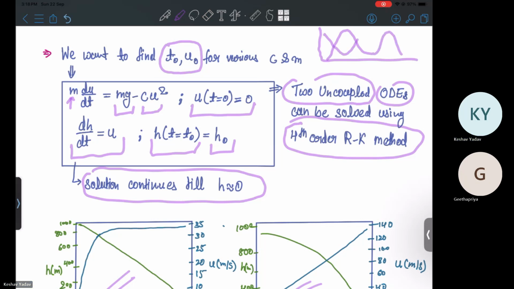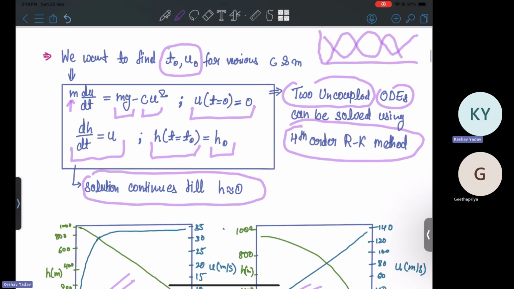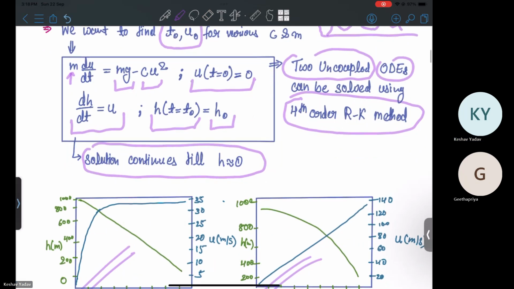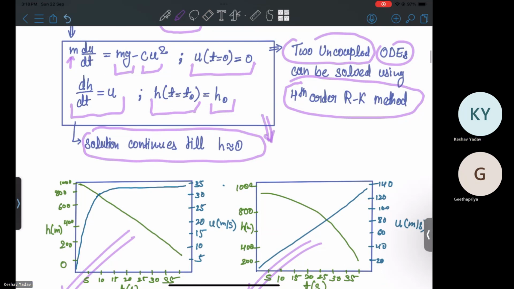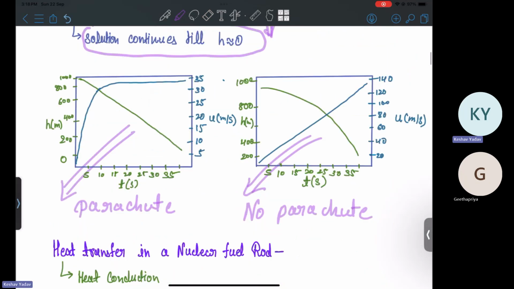Similarly, the resources have this kind of distribution. If we solve this problem, somewhat like this we will get the solution. Once we consider the effect of the parachute, the velocity will first increase, then after some time become constant, equal to terminal velocity, and height will decrease continuously.